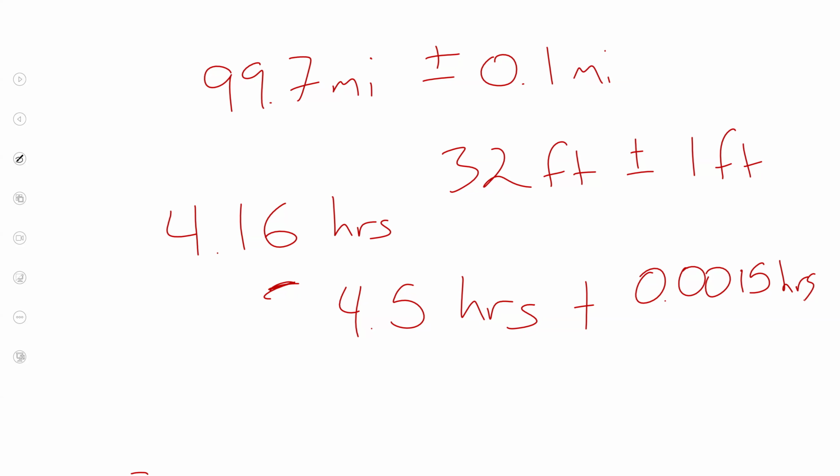So these are our rules for rounding. Anytime you do math with a measured number, it's either gonna come back to where's the uncertainty or where's the precision? How many decimal points do I get to keep? How many sig figs do I get to keep?